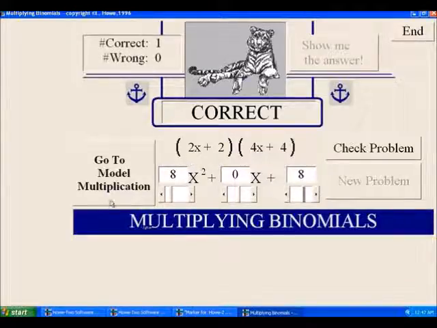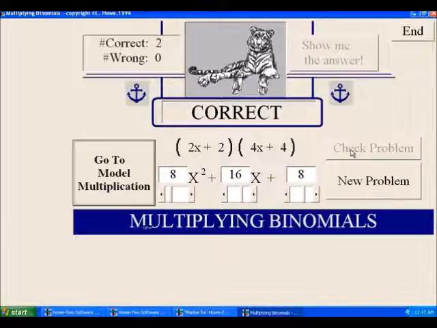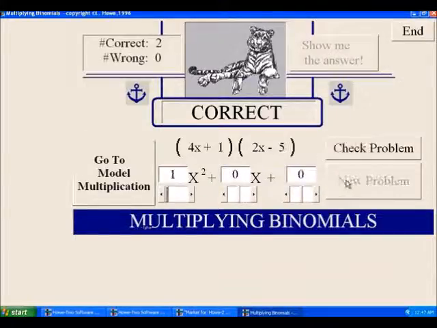Sometimes I tell the kids to do the first times first and the last times last, because those are the easiest ones. The middle term is the one that takes the combination of O and I. So outside is 8x, inside is 8x, so this one would be 16x. Hope you can see how I did that in my head. We check, we win. Let's do a new problem again.